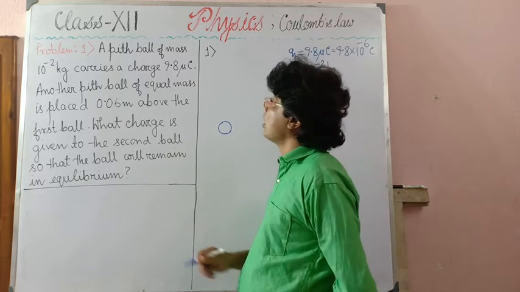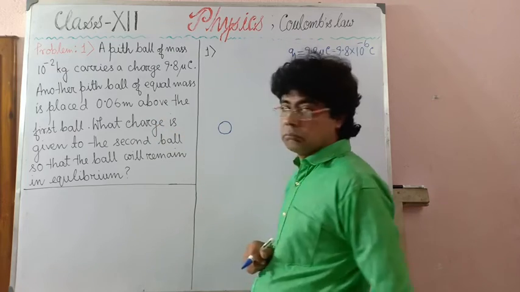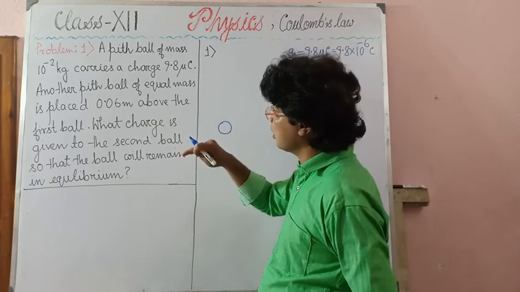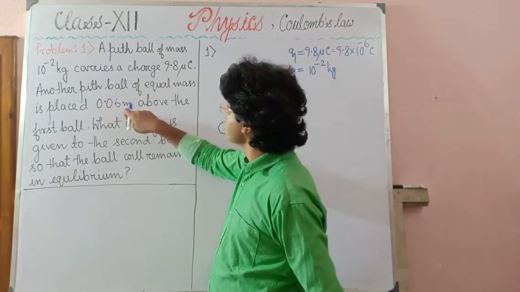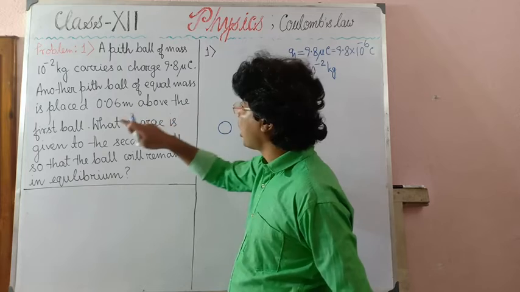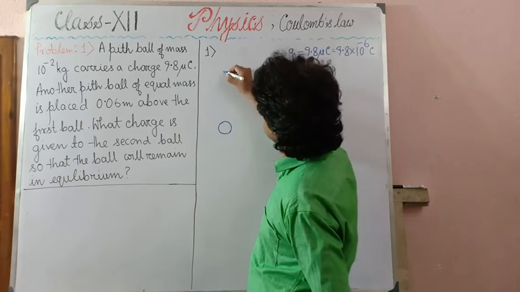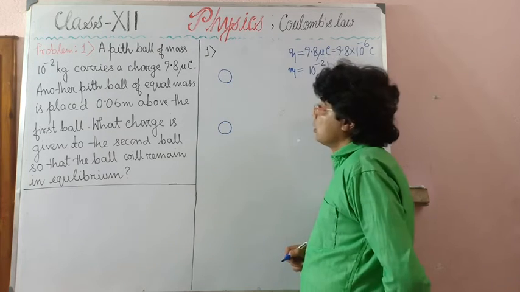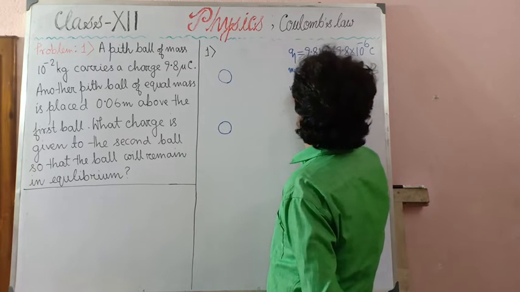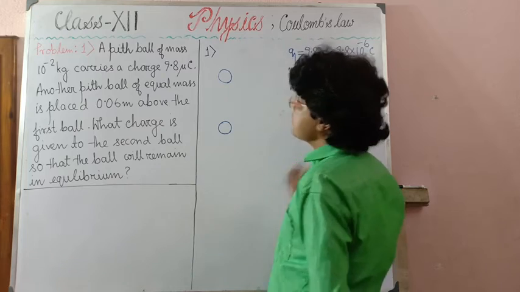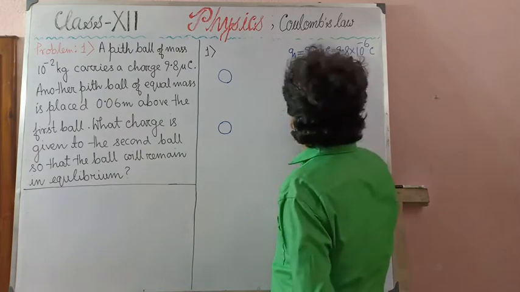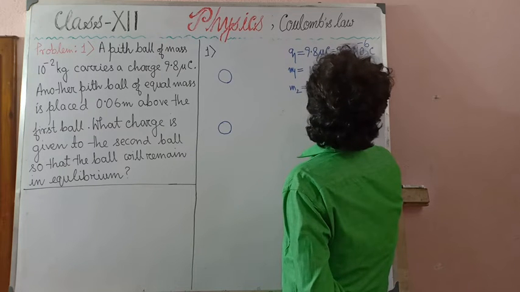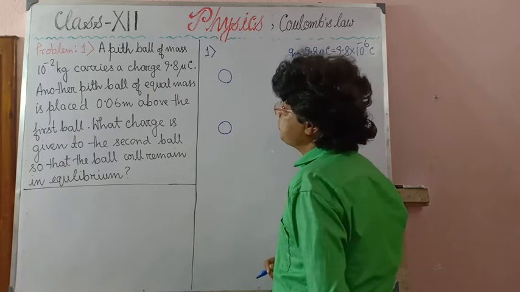Next, another pith ball of equal mass is placed 0.06 meter above the first ball. This is the second pith ball. The mass of the second pith ball M2 is the same as the first ball, M2 equals 10 to the power minus 2 kg.